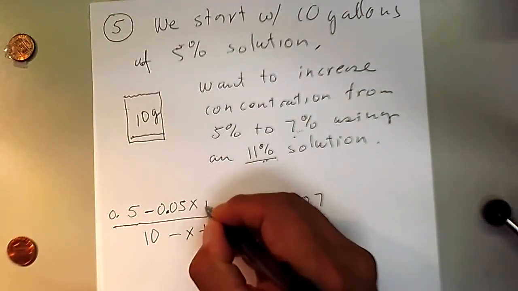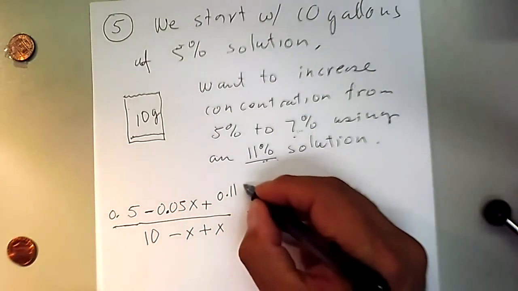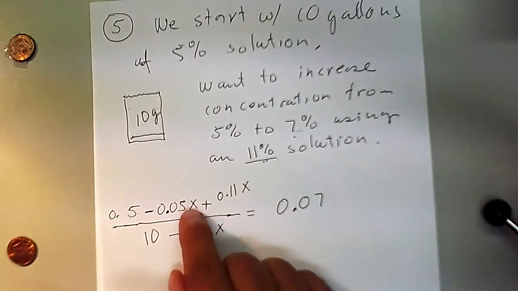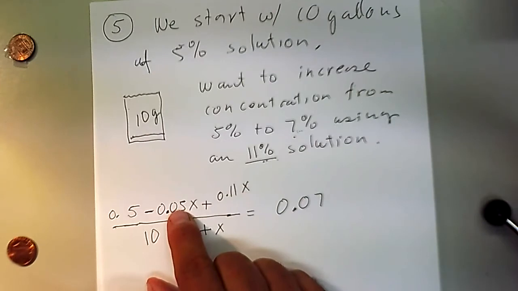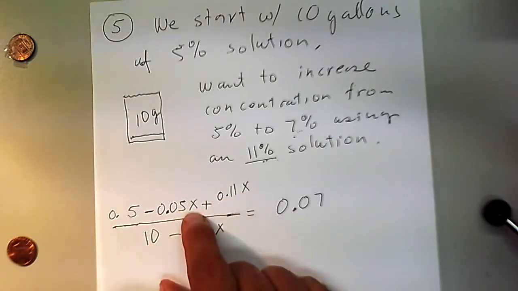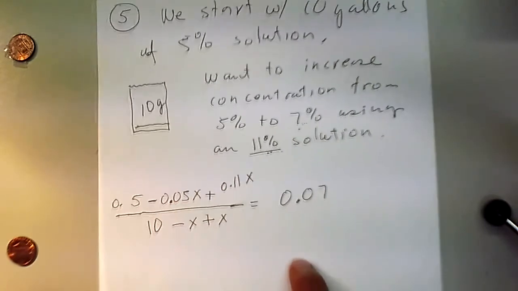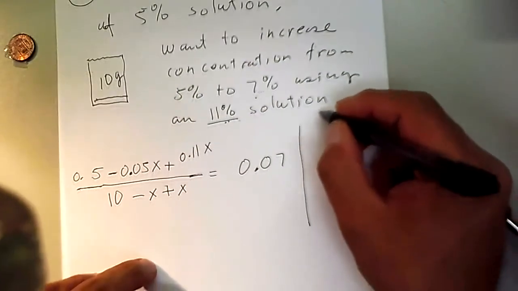But then we're going to add 0.11 of the same volume. So the x is the volume that we're scooping out and we are adding in, except that the amount that we're scooping out is only 5%. The amount that we are pouring in is going to be 11%, which is really neat because in algebra, you can actually add those two together.